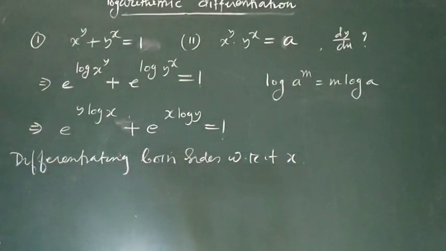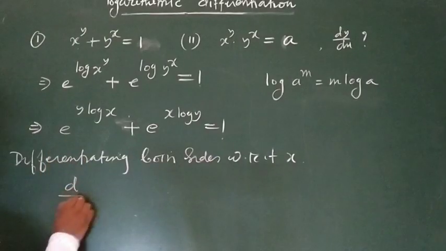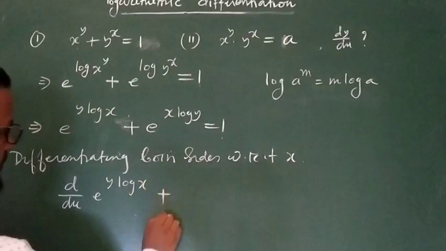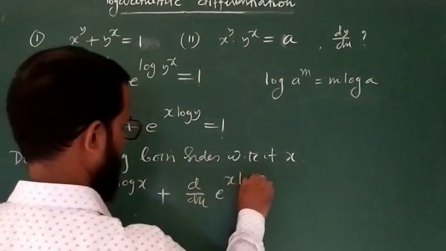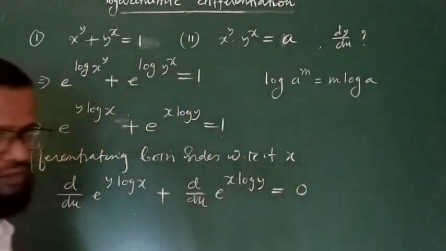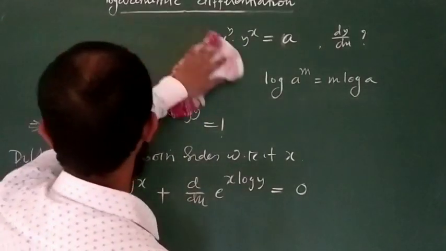Differentiating both sides with respect to x, if we take the derivative, then what will happen: d/dx of e to the power y log x plus d/dx of e to the power x log y, and this is the derivative of 1, which is 0, it is a constant quantity. Okay, now use the product rule.